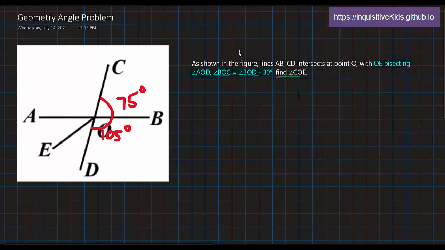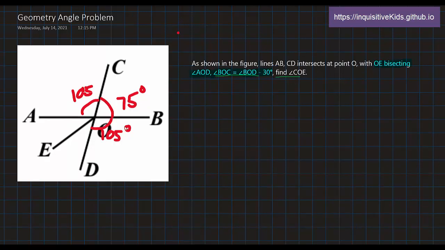Then we're going to use the knowledge of vertical angles to help us with the rest. If we know that BOD is 105 degrees and angle AOC is congruent to BOD, then this side will also be 105 degrees.